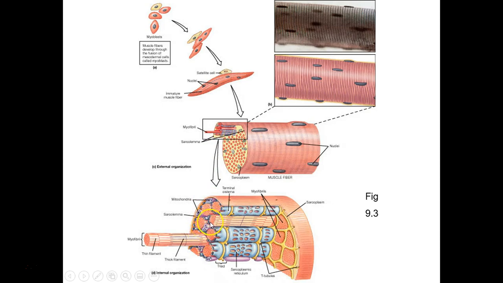And so you see these little cylindrical areas inside of here that are packed full of, guess what? Contractile proteins. Myosin, they drew in blue. Actin, they drew in red. Actin and myosin, I'm sure you've heard of that somewhere down the road. But this little bundle right here is called a fibril. F-I-B-R-I-L.